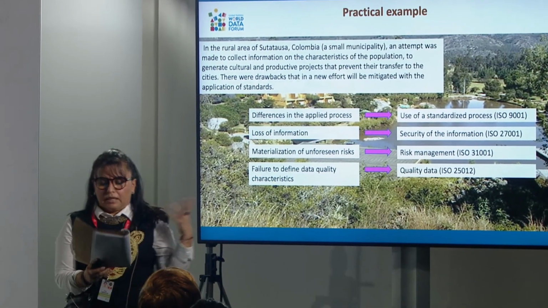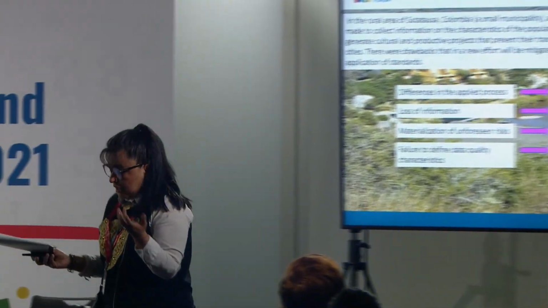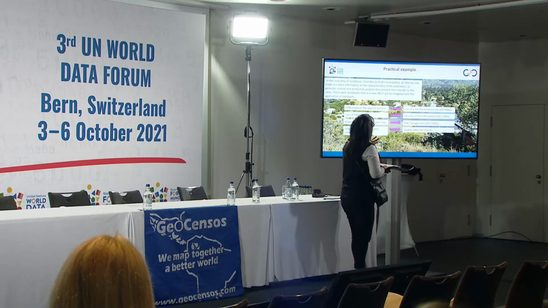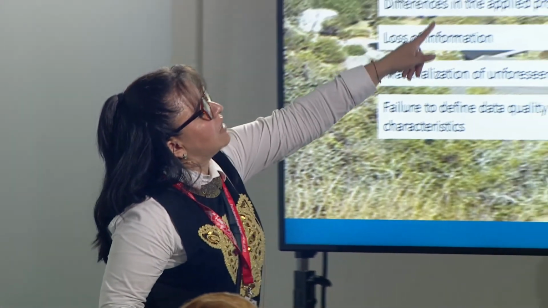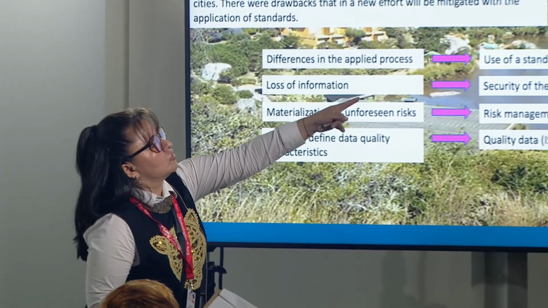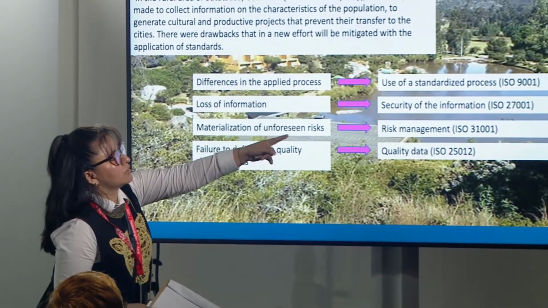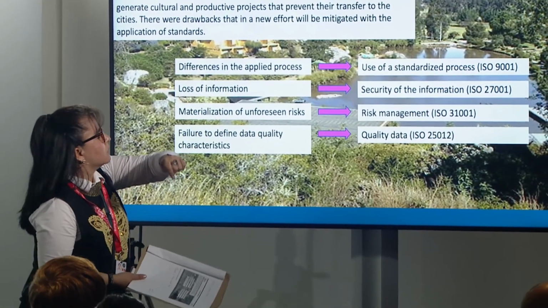So what happened? These people made an important effort, but we, GeoCensos volunteers, are going to help with the standards. On this problem, difference in the applied process, use a standardized process, like ISO 9001.